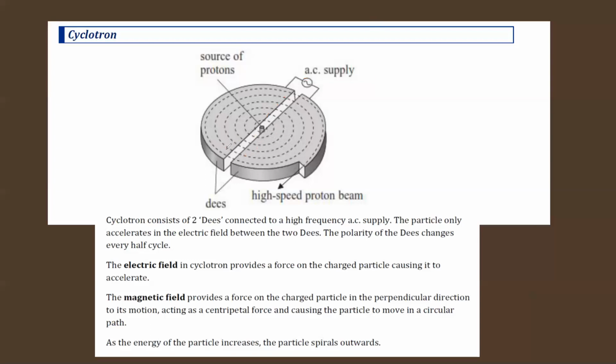For acceleration there should be opposite poles, so for a proton, a negative terminal and then a positive terminal. The proton is accelerated, but within the D there is no change in speed, because the electric field is responsible for change in speed. But what happens because there is a magnetic field between the Ds?